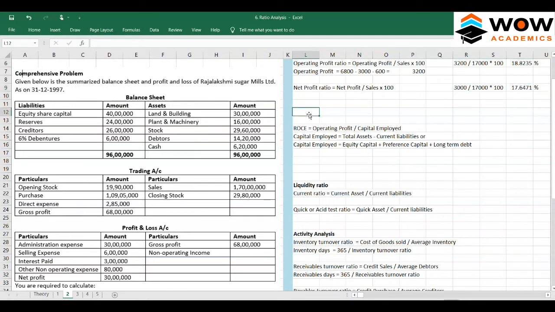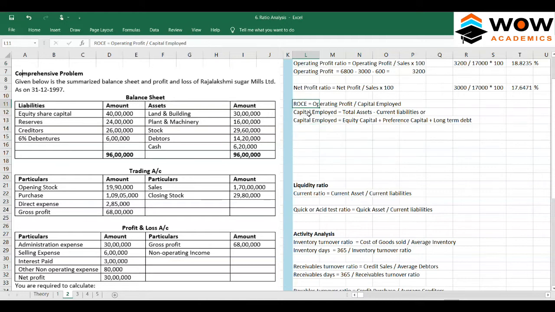Let's go for ROCE. In ROCE, we know the operating profit. Operating profit is 3,200 divided by capital employed. Capital employed, we have two formulas, so we can use whichever formula we want. I think we'll use the first formula itself. We'll get the total asset minus current liability.